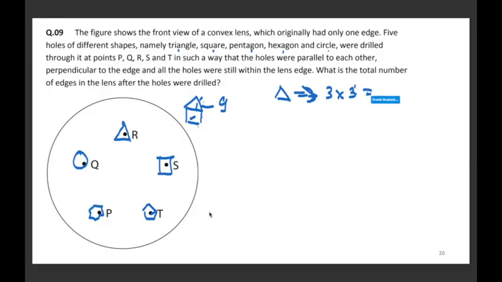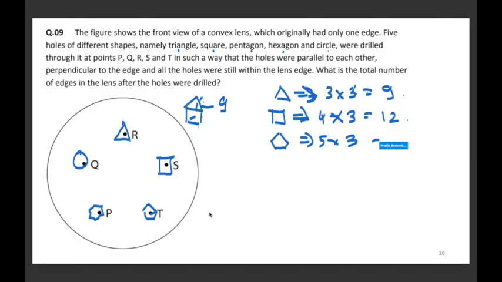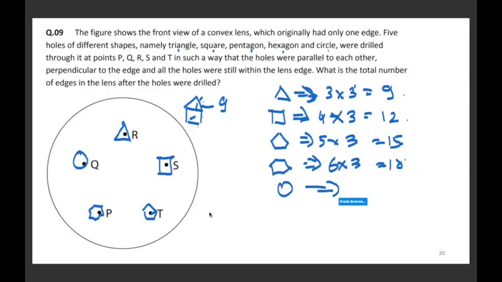That's why 9. Square will have 4 edges of the shape multiplied by 3. So 12. A pentagon will have 5 into 3, which is 15. A hexagon will have 6 into 3, which is 18. And a circle will have 2 edges.